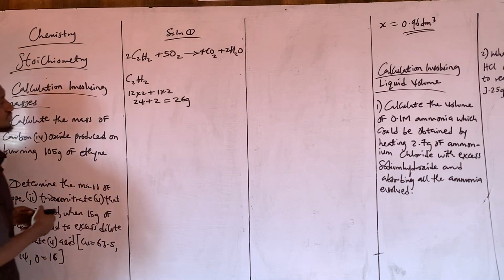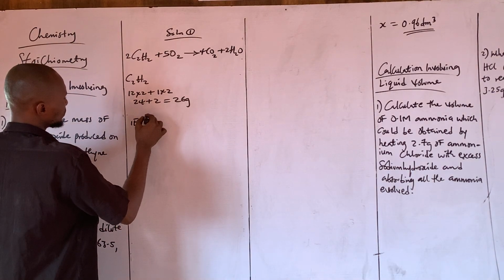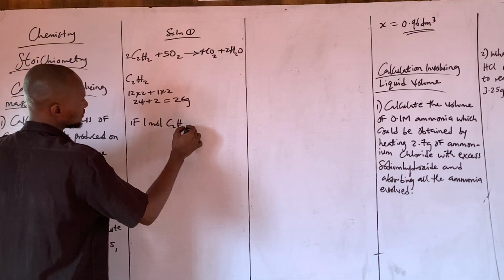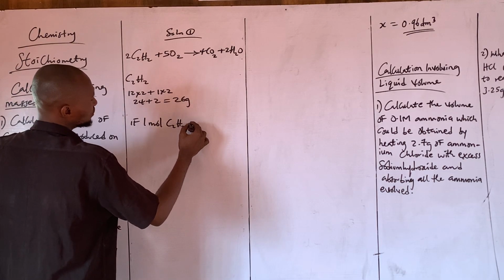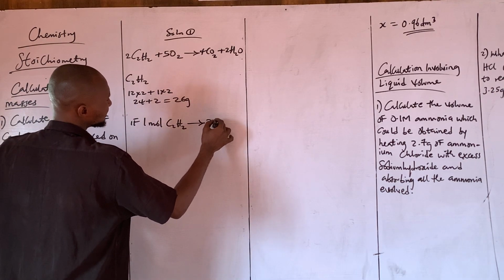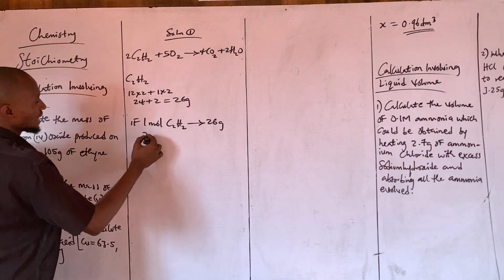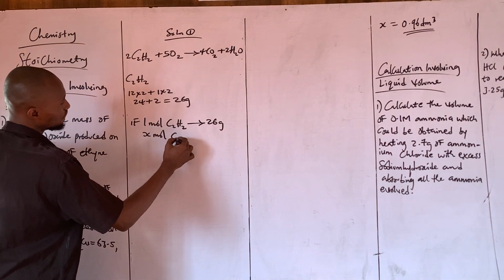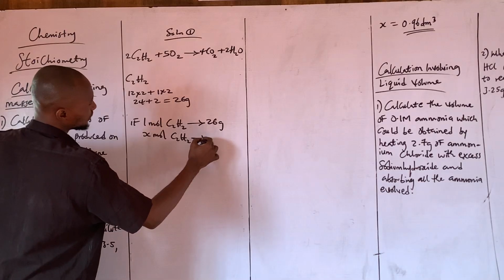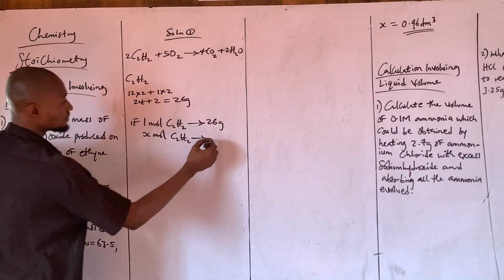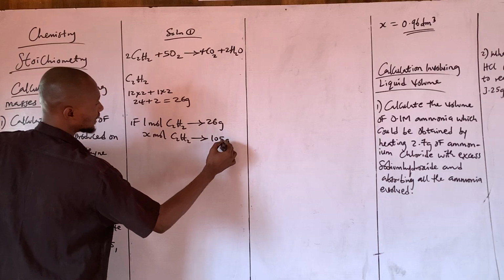Good. So we're going to say if 1 mole of ethyne produces 26 gram, how many mole of ethyne, according to the question, will produce 105 gram?